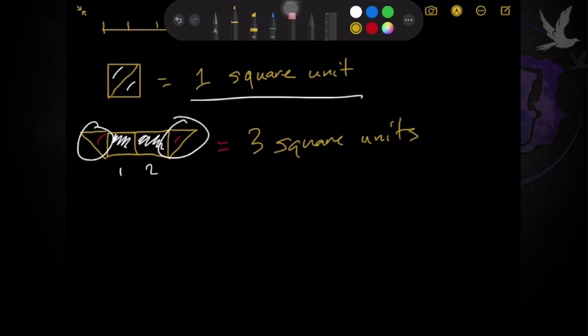Technically, parang kino-combine natin. So, we can say that if we have a right angle triangle here, then we have, let's say, another one, then another one over here, then another one over there.